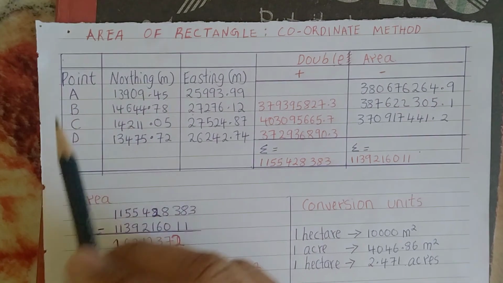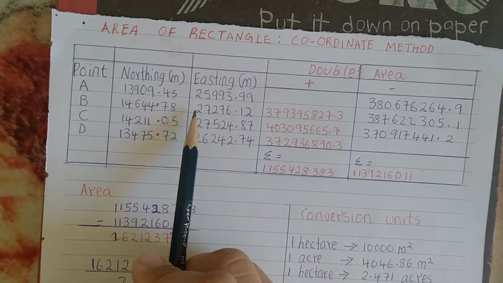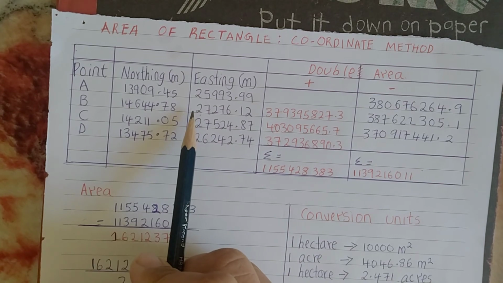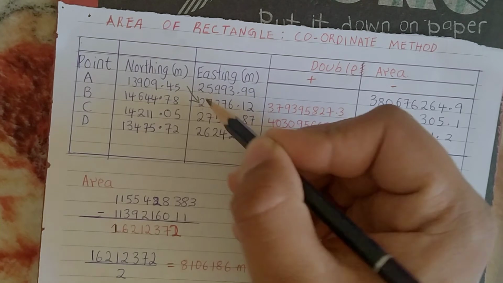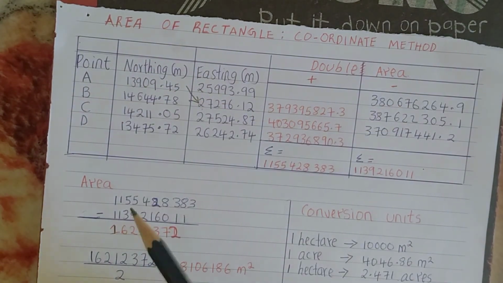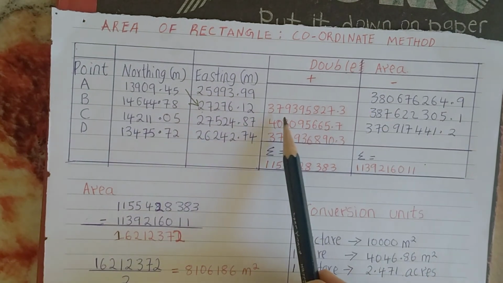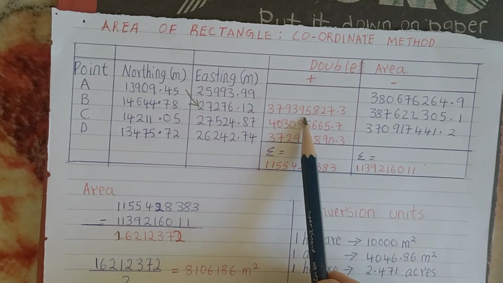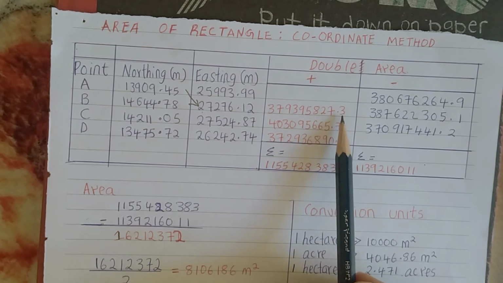So you take the northing of A multiplied by the easting of B. So it's like this. And when you multiply, you'll get your answer as 37,939,527.3.